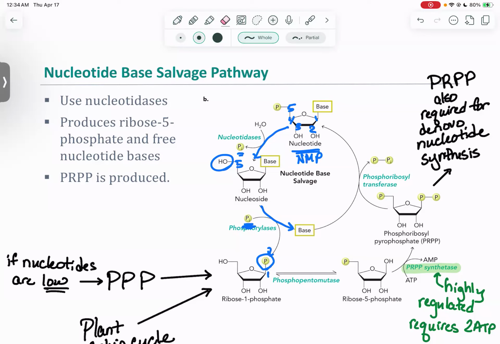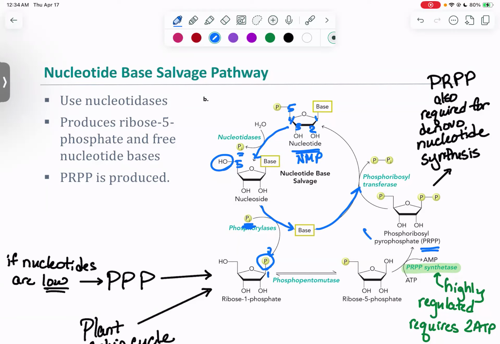So let's track this base and see what happens. Well, now maybe I have kind of this pool of different bases. So I take the one that I want and I have to add it to a sugar that's primed. So we call a primed sugar phosphoribosylpyrophosphate.